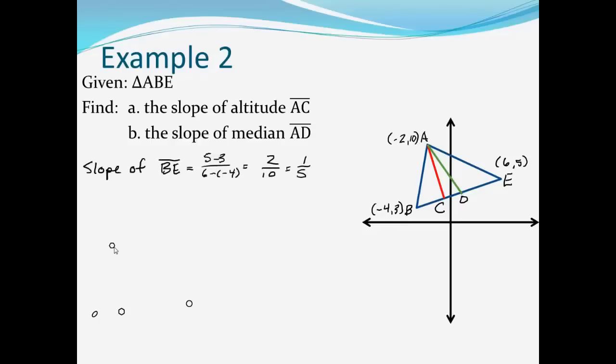First thing we need to do is find the slope of BE, which I chose to do 5 minus 3 over 6 minus negative 4, which is the same as 2 over 10, which means that the slope of BE is 1/5. Now, an altitude forms a perpendicular line, don't forget.